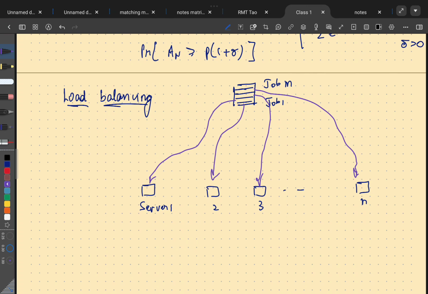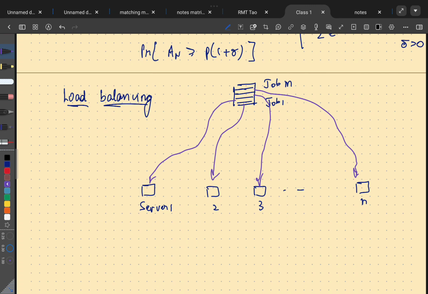Essentially, all of these require some kind of a central entity which is going to allocate jobs, and this central entity is going to control which job goes to which particular server. In many applications, you can't really do this because jobs may come from different sources, and there could be no central controlling unit which decides to allocate which job to which server.